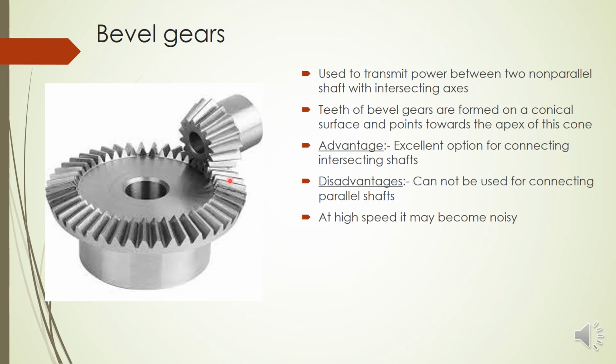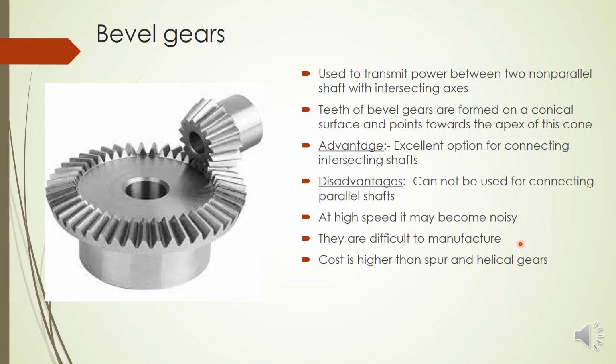Another disadvantage is that at high speed it becomes more noisy. And they are difficult to manufacture since we have to manufacture them on a conical surface with an inclination pointing towards the apex. So obviously cost will be higher compared to spur gear and helical gear.